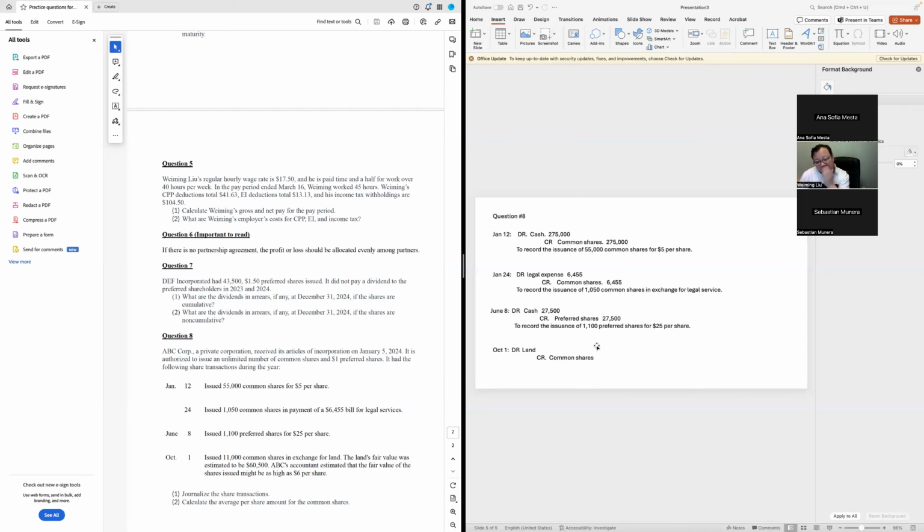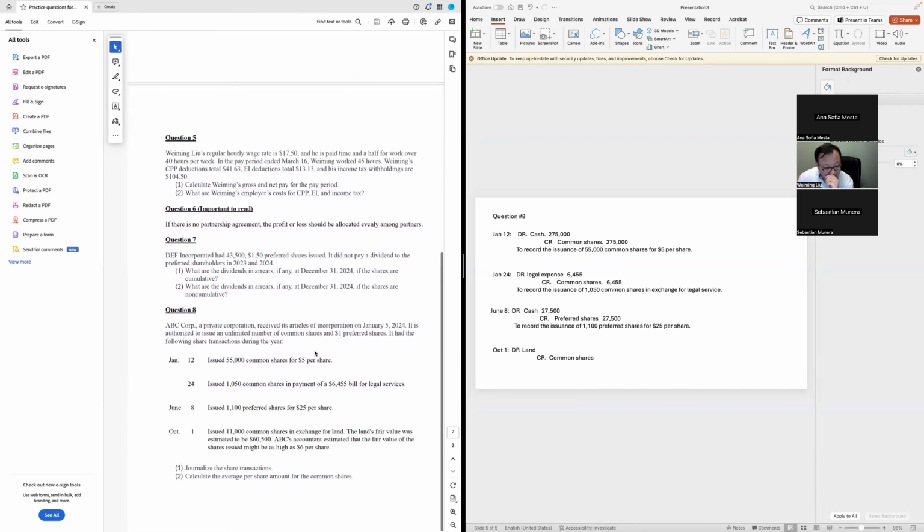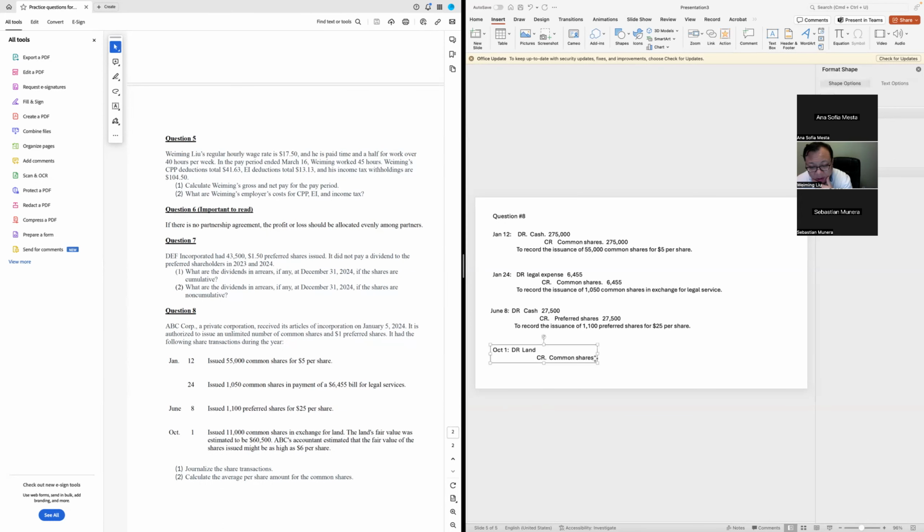Now what is the measurement here? This is a little bit tricky because the land's fair value was $60,500. The accountant estimates the fair value of the shares at $6 per share. So let me write this down.